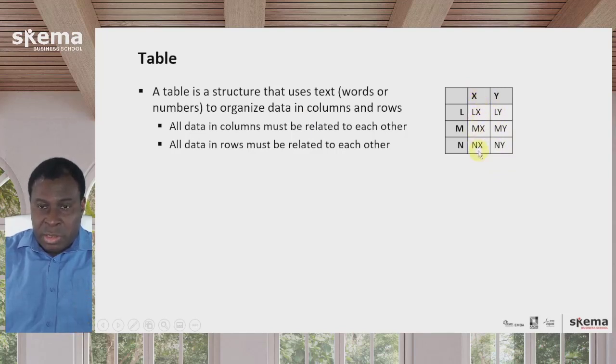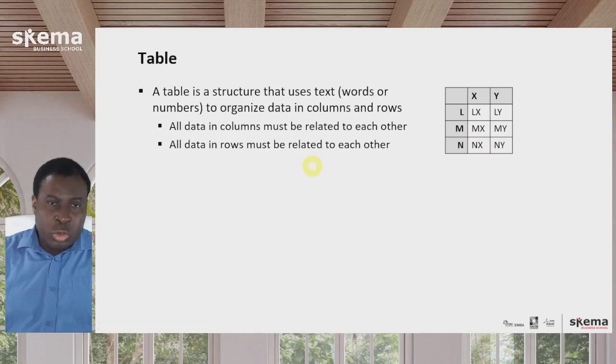All of this data in X has something related to X, and all of this data in Y has something related to Y. And all the data in the rows must be related to each other. So all the data in row L has some relation to L, all data in row M has some relation to M, and all data in row N has some relation to N. That is the key requirement of a table.